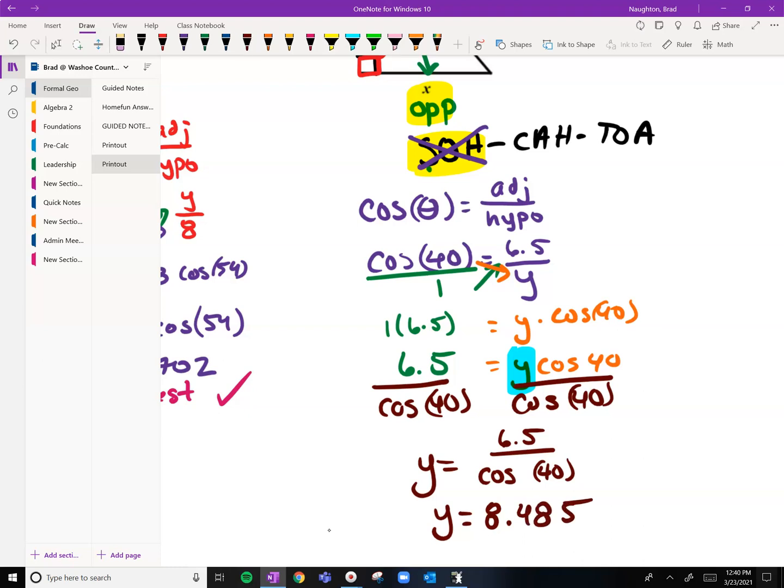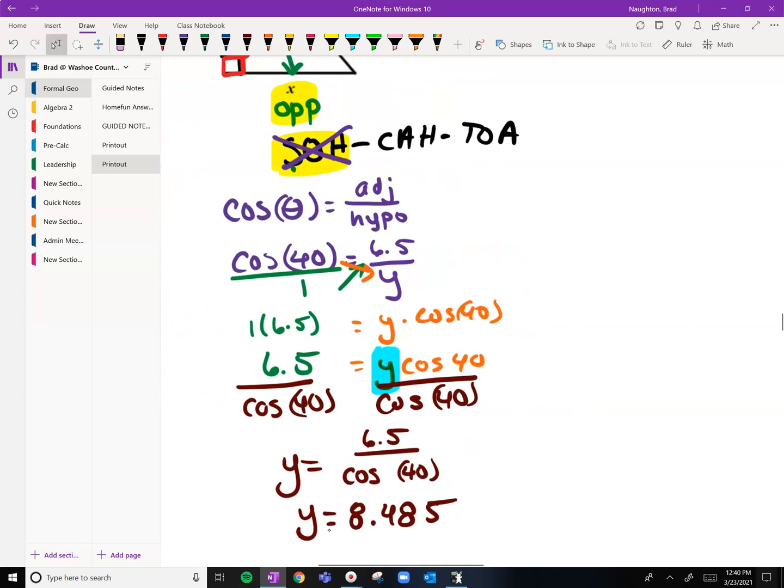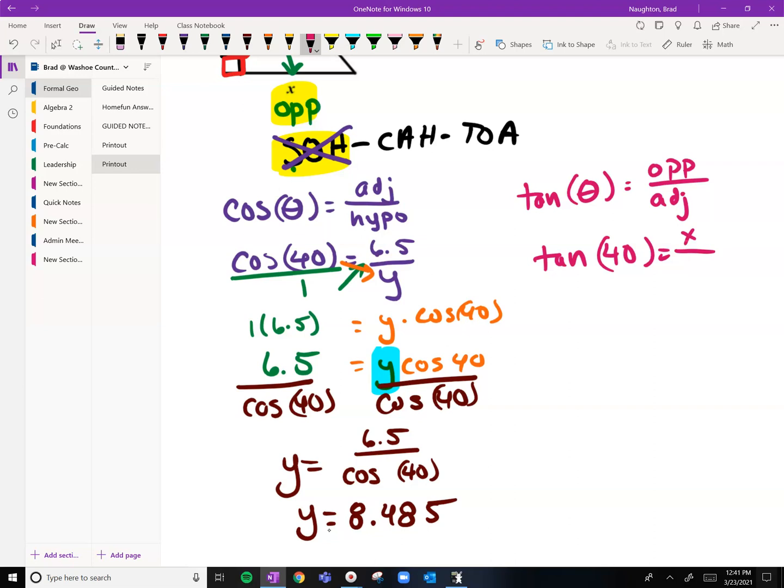All righty. So now let's go ahead and use our tangent. So tangent of our theta is going to be opposite over adjacent. So the tangent of 40 degrees is opposite, which is x, over adjacent, which is 6.5.